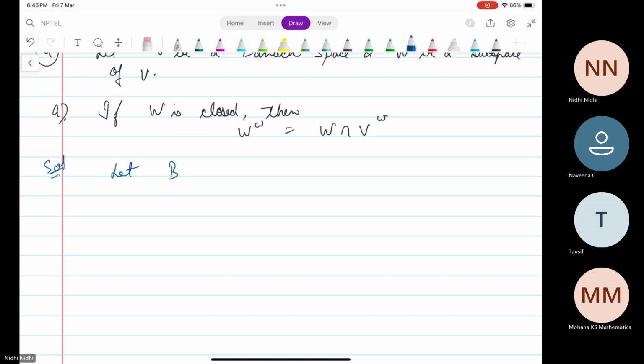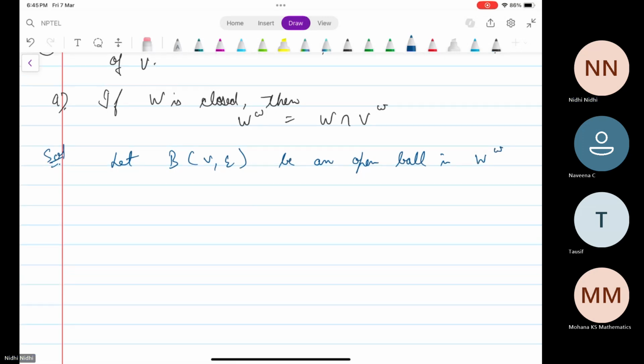Let B_V(epsilon) be an open ball in W weak. That means this is a ball with respect to weak topology.